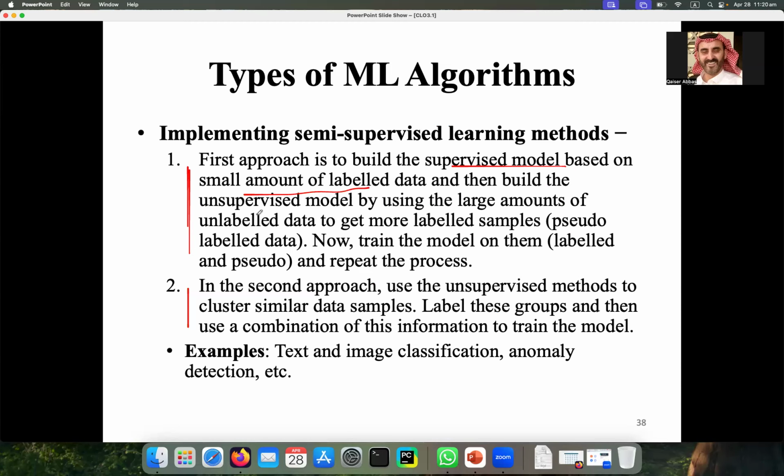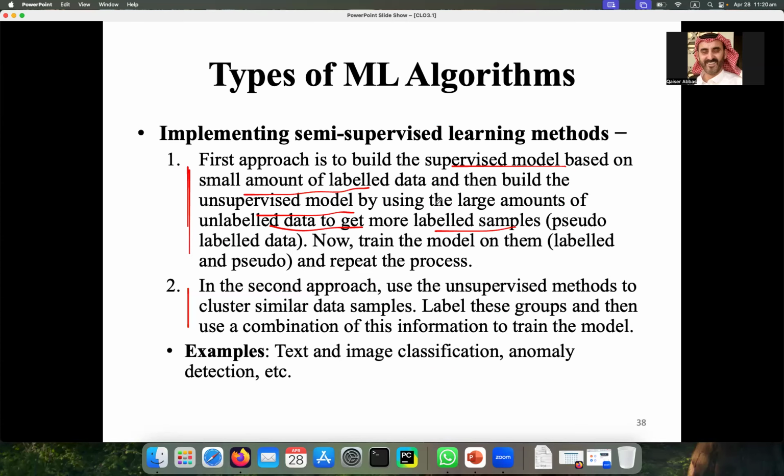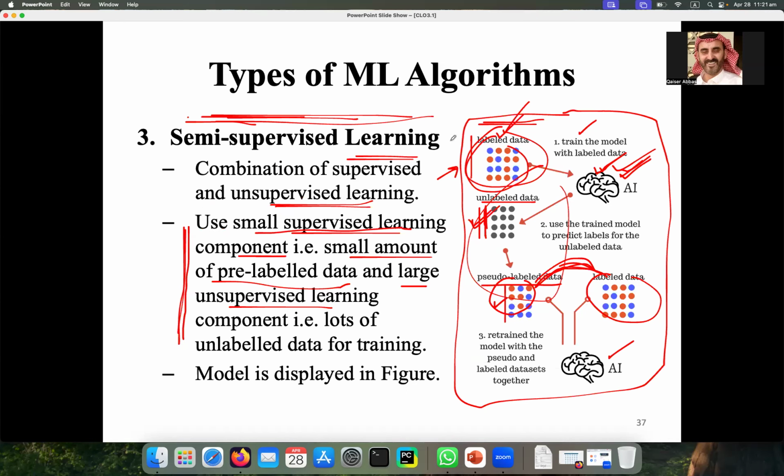Then we build an unsupervised model with a large amount of unlabeled data to get more labeled samples, like in the diagram. Then you train the model again on that pseudo labeled data, and you can keep repeating this process.